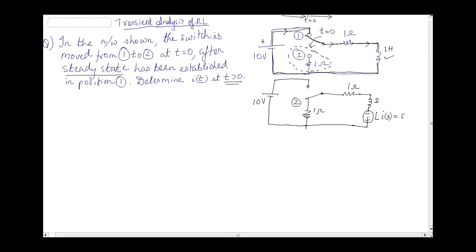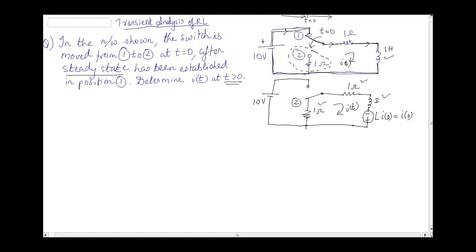L is 1, so I will just write i naught. Now, to determine i of t, what is i of t? I forgot to write it here: i of t is this current. If we want to find i of t, there is no issue, because 1 ohm is here and here also 1 ohm is there.